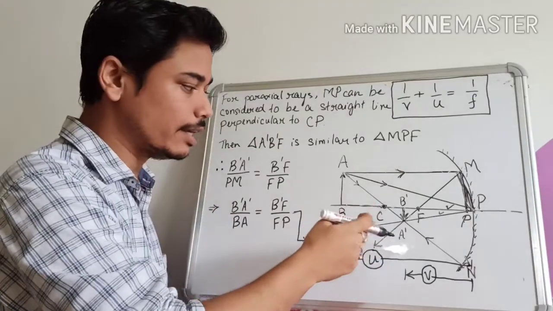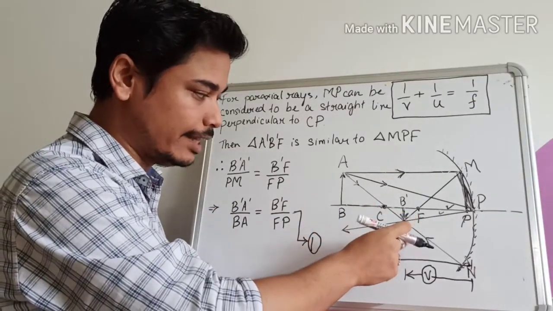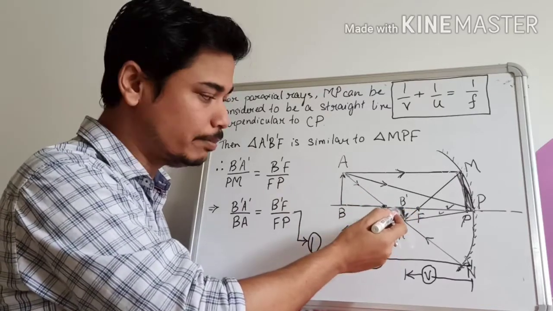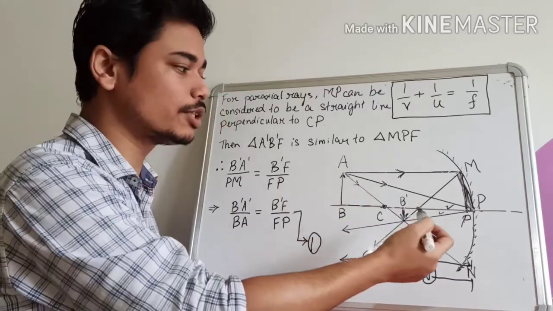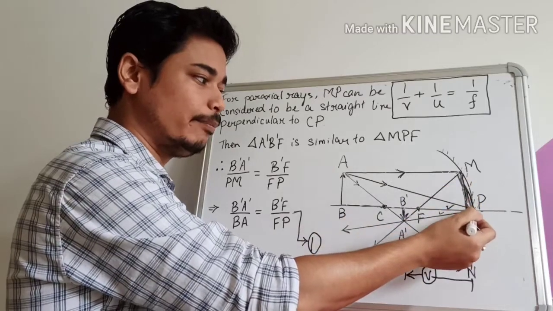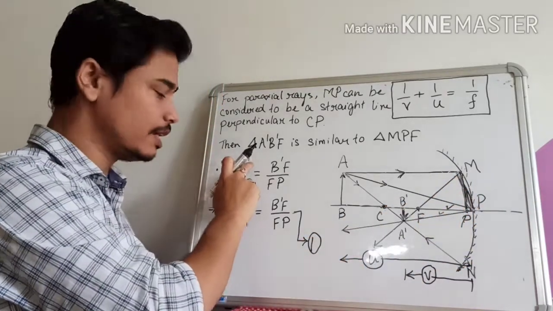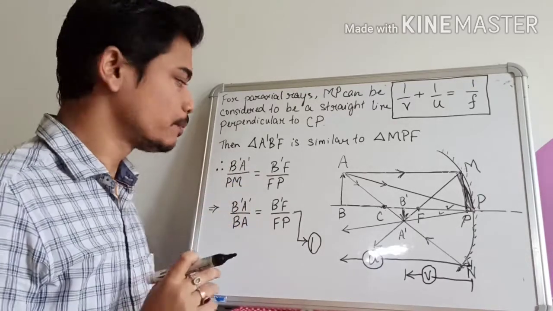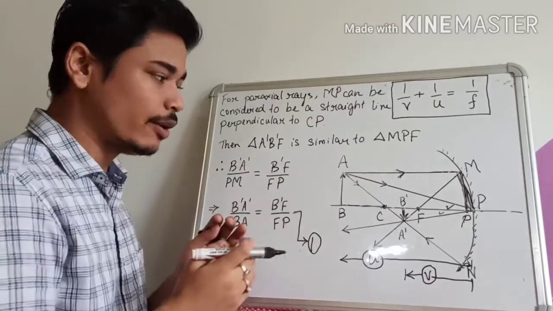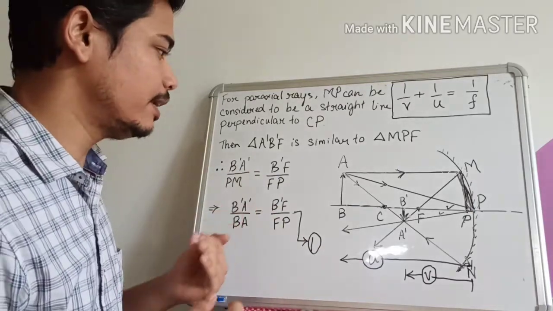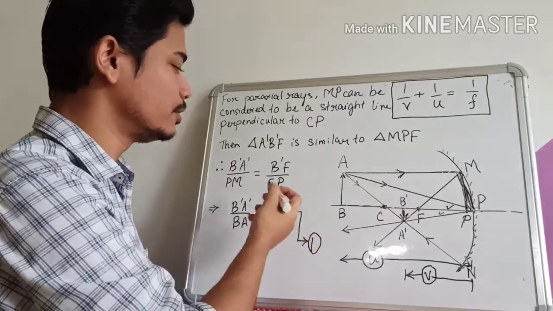Now the side A'B' of the first triangle corresponds to the side PM of the second triangle. So we have taken the ratio A'B' divided by PM. Now if we are going to write a similarity condition, then we have to take minimum two sides. So for that we are considering the second sides also.